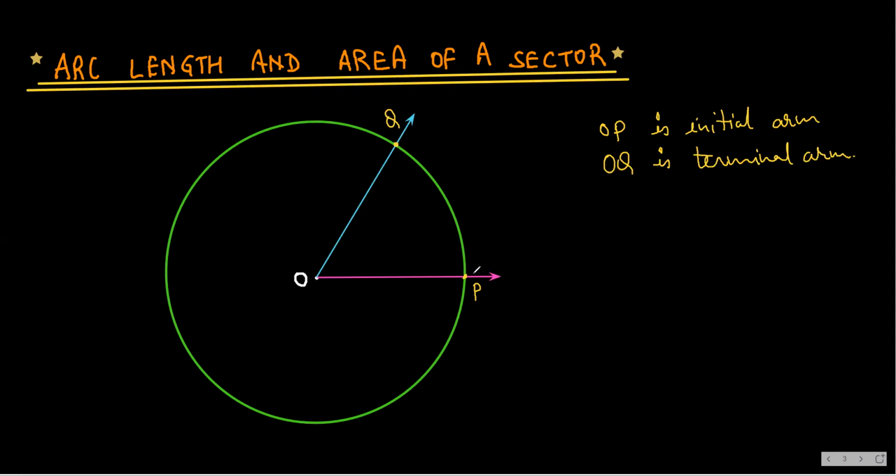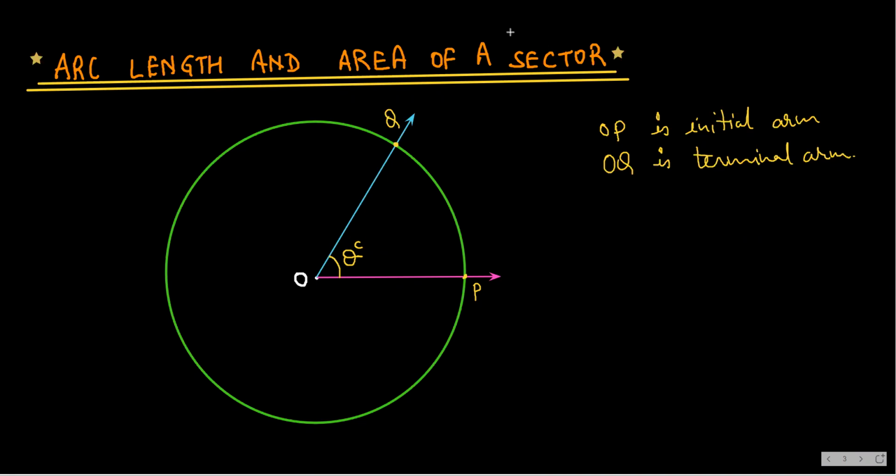Now see, when this happened, there was a rotation of the rotating arm, so that gave you an angle theta radian at the center. Now here something is very specific that I want you all to make a note of.